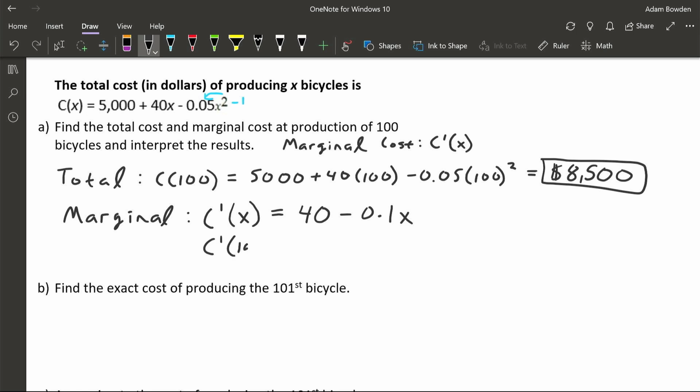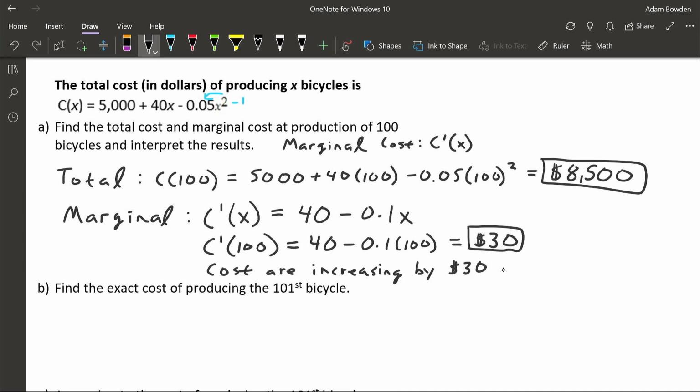To find the marginal cost for 100, we plug 100 into that derivative: 40 - 0.1 times 100. That's going to equal $30. Now what does that mean? It means that the costs are increasing by $30 per bike at 100 bicycles.